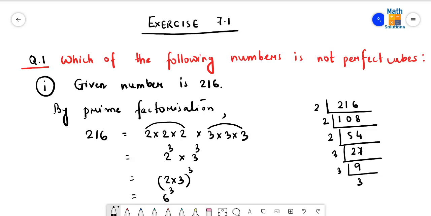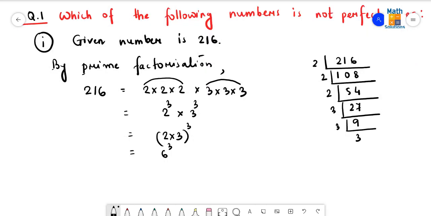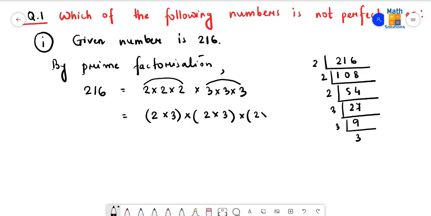power is common, so it is 6 cube. Or there is another way of writing it. We can take one 2 from here and one 3 from here, then again another 2 into 3, again 2 into 3.